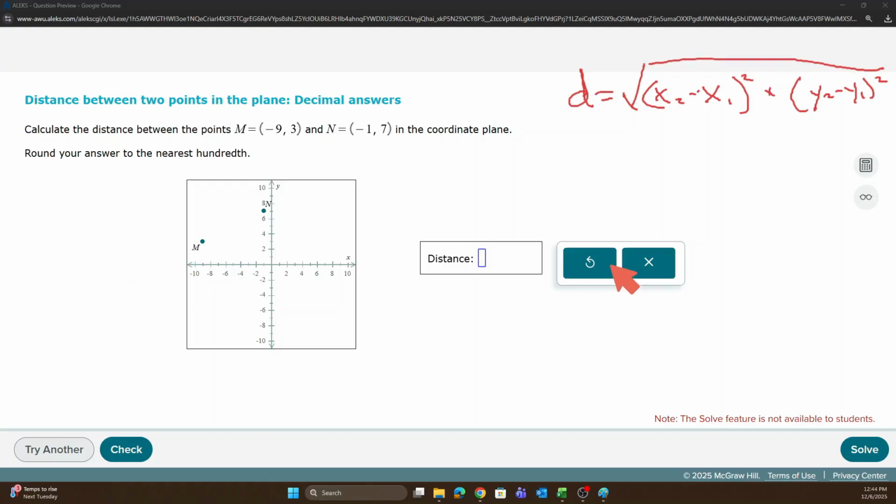And if we start inputting our numbers, we've got that this equals the square root of negative 1 minus negative 9 squared plus 7 minus 3 squared.